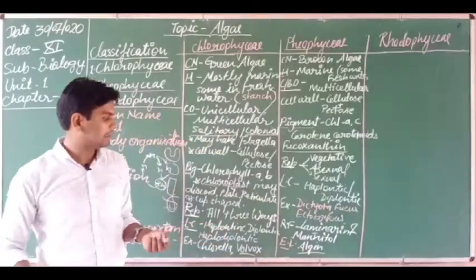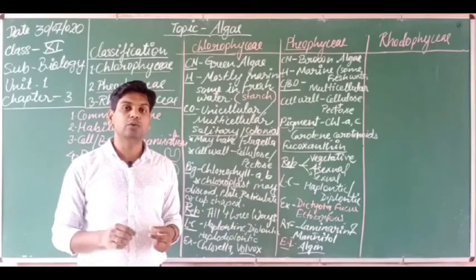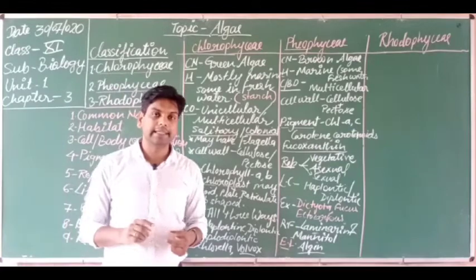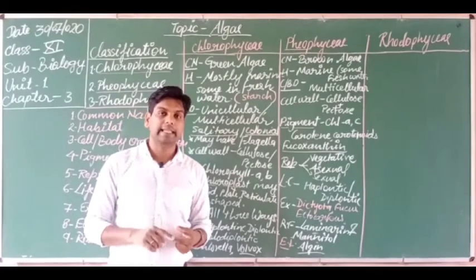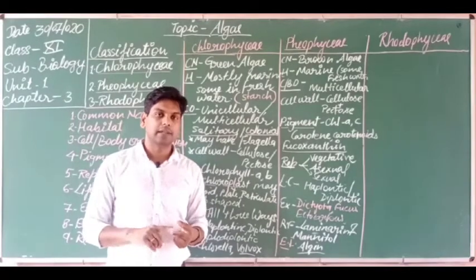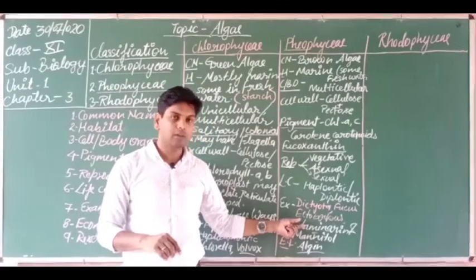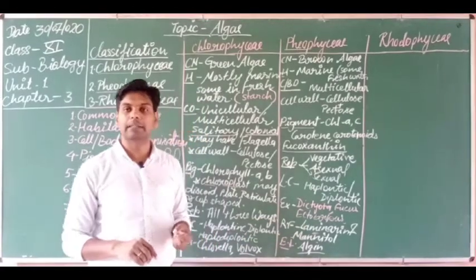So algin is extracted from brown algae and it is used to make ice cream, toothpaste, and for finishing of leather. So in different areas algin is used. Laminarin is also used in ice cream making and toothpaste making.